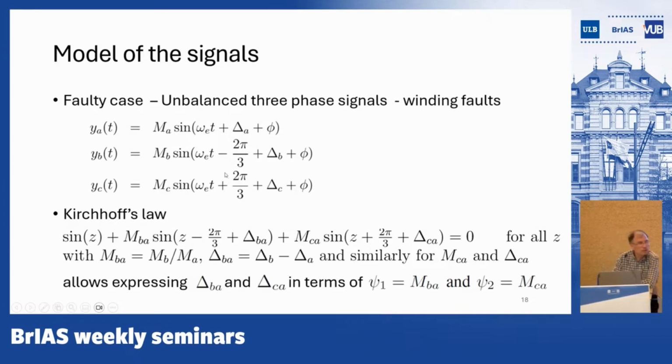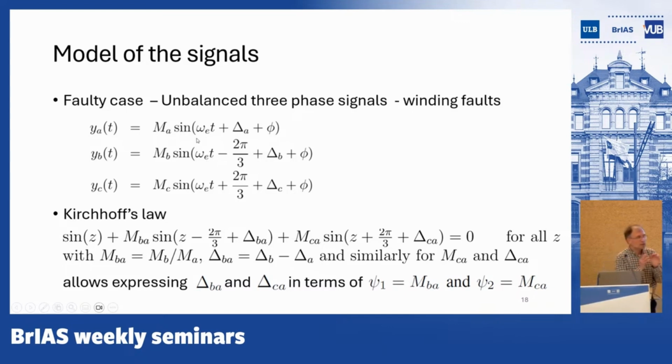For the faulty situation, what happens is that the signal magnitudes are different and you introduce a phase shift. So if we take as reference the first signal here, we can introduce four variables, which are MB over MA, MC over MA, and the respective phase shifts with respect to phase A. So that makes four unknowns.